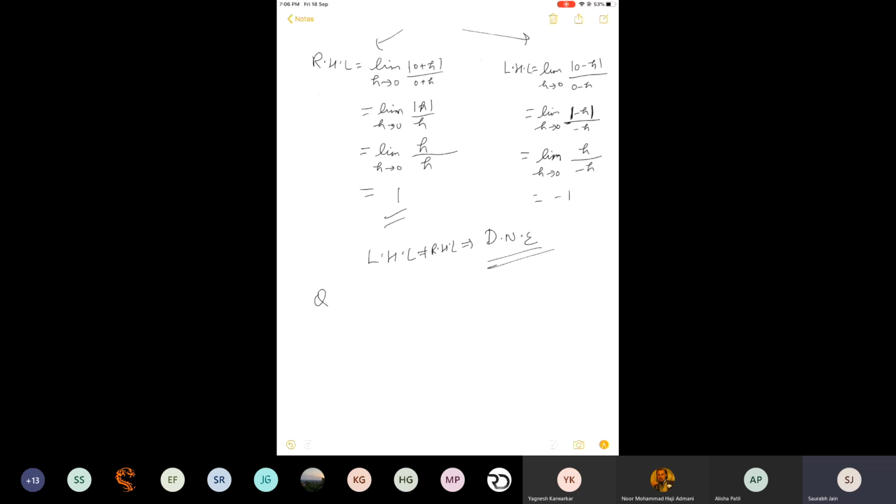Okay, so using this method, tell me what is the answer to this. Everyone try this question. Use this method only.